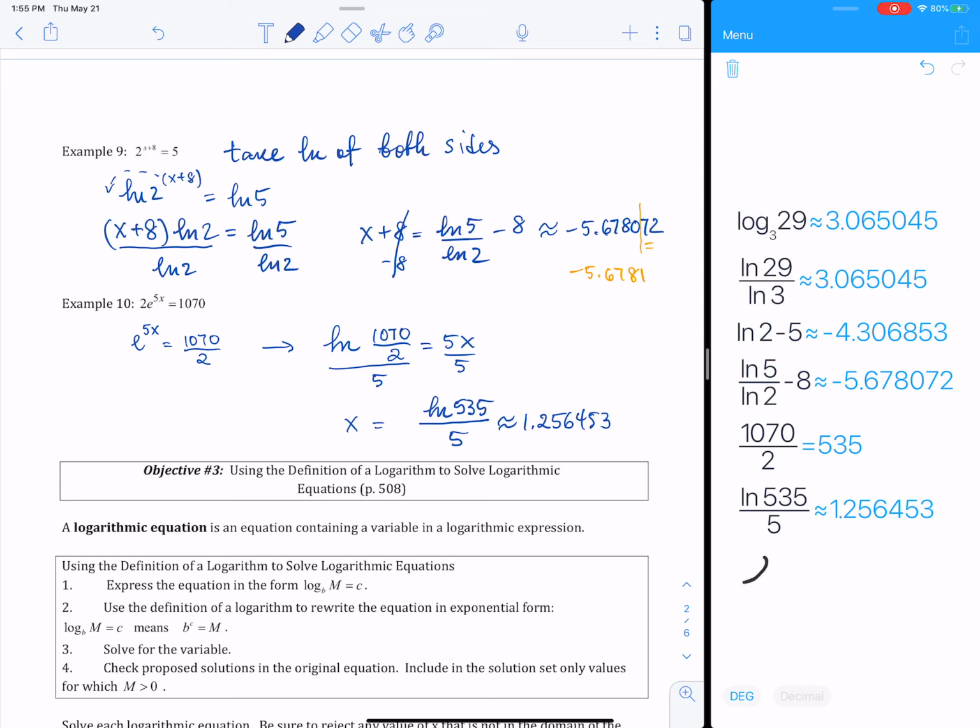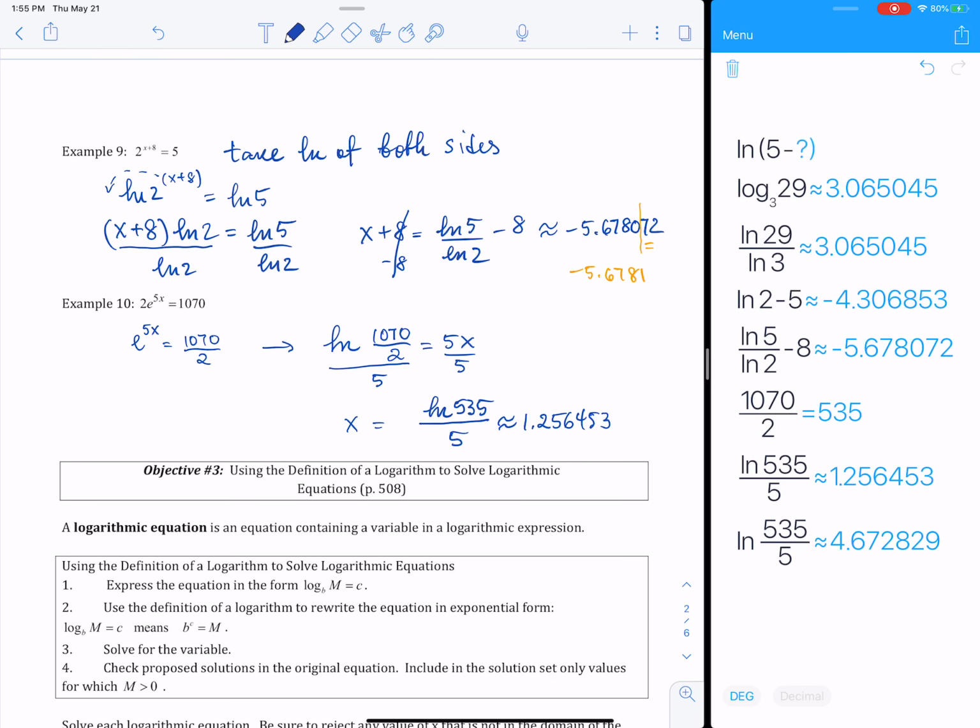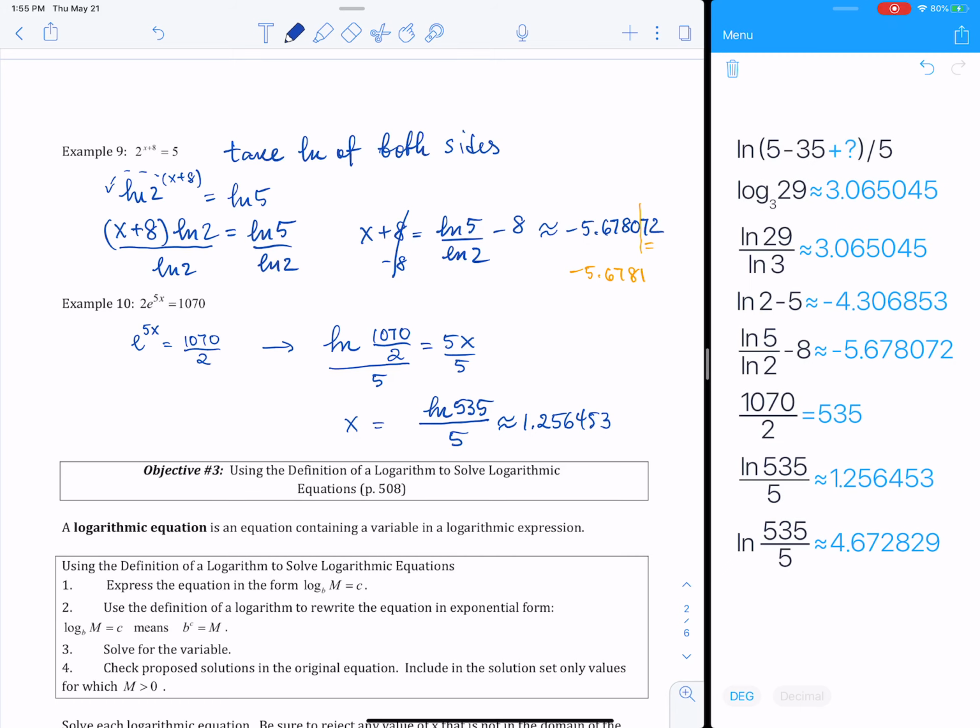Notice that this is completely not the same as the logarithm of 535 divided by 5. Based on previous lessons and properties, that's a completely different thing. So make sure you divide the entire logarithm by 5. If you're using a graphing calculator or a scientific calculator, you need to put parentheses around the logarithm of 535 and then divide by 5.